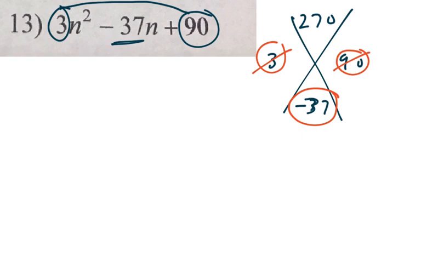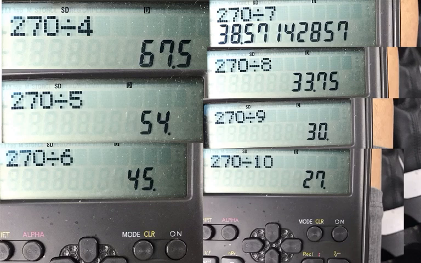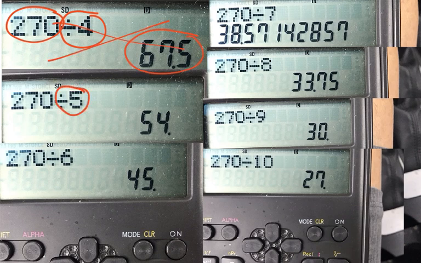Now, can 3 and 90 make 37 or negative 37? No. So this is where I remind you guys how important it is. You must use a calculator. Okay? And here's what I would do. Since 3 didn't work, how about we try 270 divided by 4? See how I get a decimal. I try to divide it by 5.